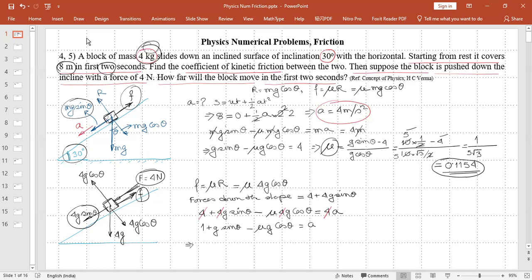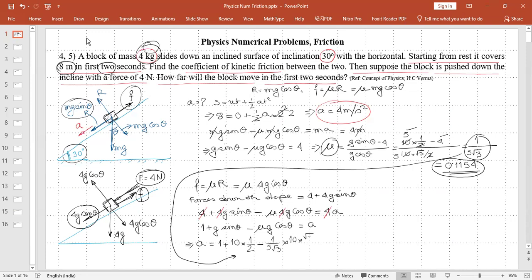From here, the acceleration a is equal to 1 plus g, which is 10, times sin theta, which is 1 by 2, minus mu, which has been found earlier to be 1 by 5 root 3, multiplied by g, which is 10, times cos theta, which is root 3 by 2.